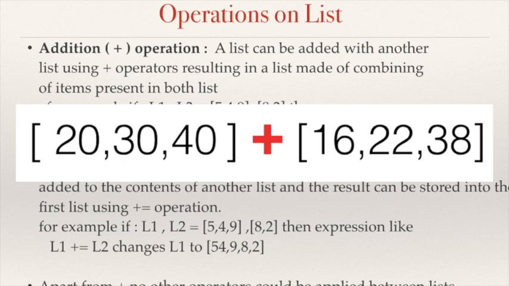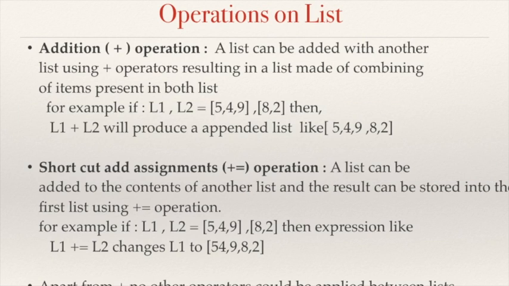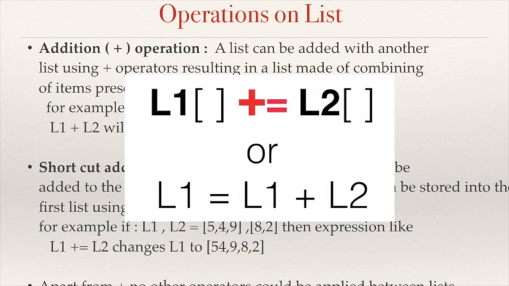Apart from the plus operator, plus equal to, that is the addition and assignment operator, is also allowed between two lists, which concatenates two lists and assigns the list thus formed to the first list, changing the first list content.